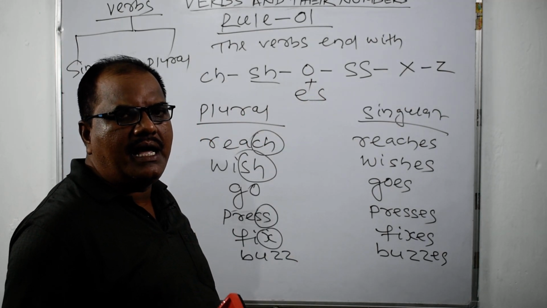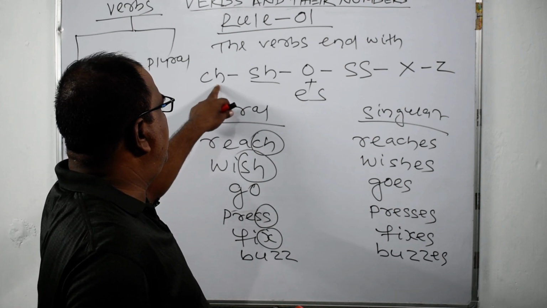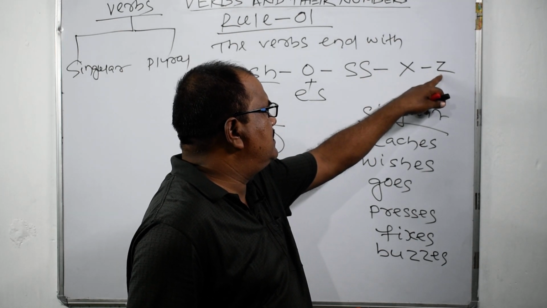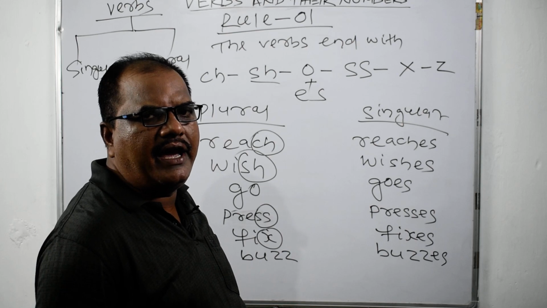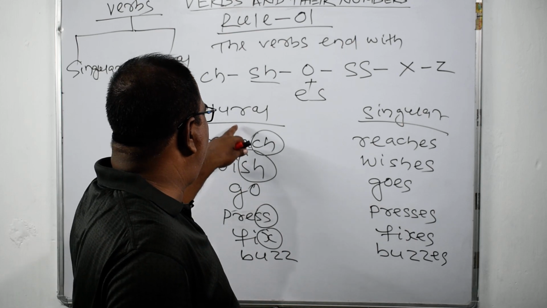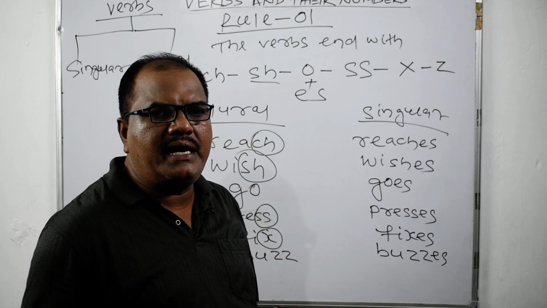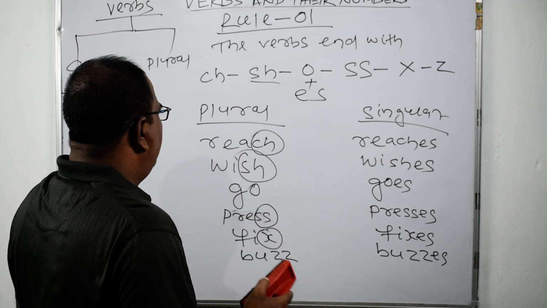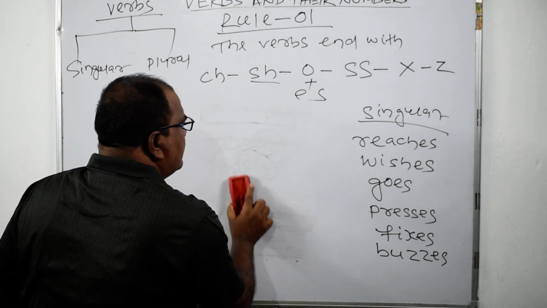So it is very clear that if we want to change them from a plural form to singular form of the verb, es is added to their basic form. Rule number 1 is over.